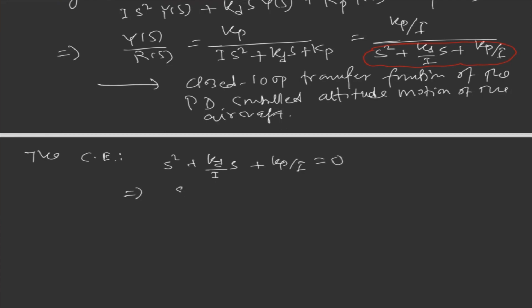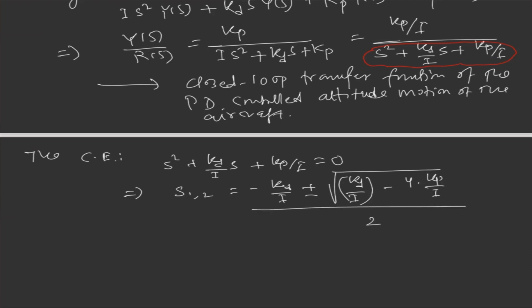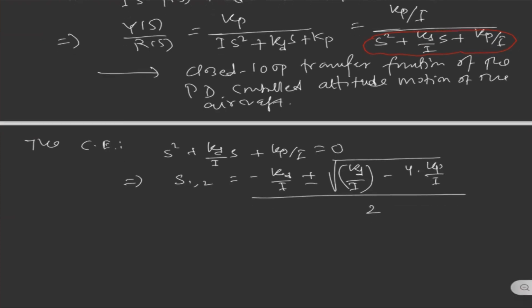This is a second order system, so we have two poles. We can write s equal to minus Kd by I plus or minus the root of (Kd by I squared minus 4 into Kp by I), divided by 2. So these are the poles in the system.